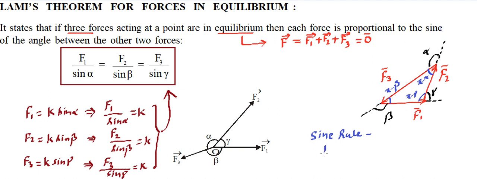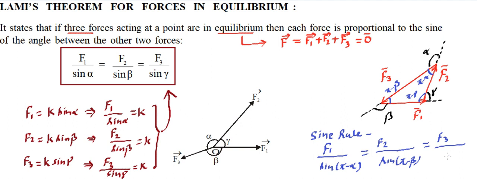So we can say f1 divided by sine of pi minus alpha is going to be equal to f2, the side with opposite angle pi minus beta, so f2 divided by sine of pi minus beta. And finally f3 with opposite angle pi minus gamma, so f3 divided by sine of pi minus gamma. This is the standard sine rule in trigonometry.